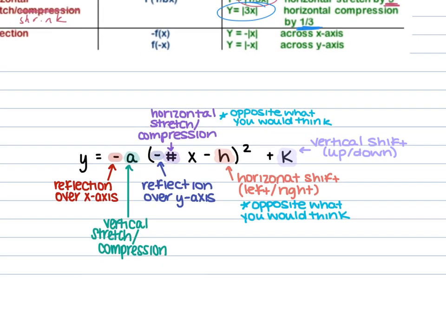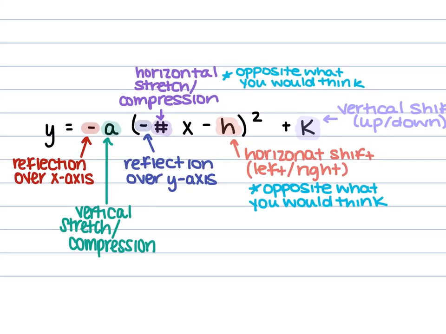So going back to this picture where it has all of our examples on what type of transformation is happening, if a number is being multiplied to x inside our parentheses, we have a horizontal stretch or shrink. And it's always going to be the opposite of what you think.